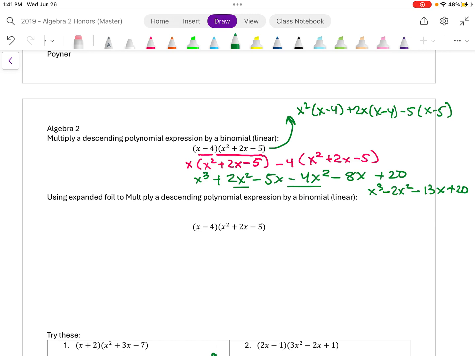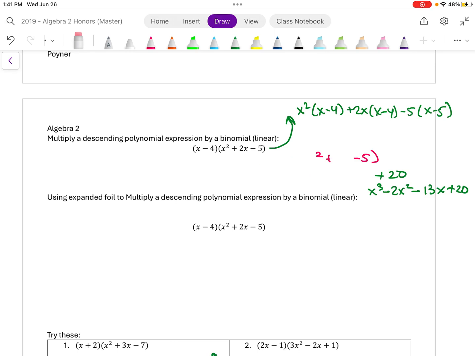That's one option. Another option that some people do is they say, okay, I know I have to multiply the trinomial by the first term in the binomial, so they're going to just do that in their head and write x cubed, and then plus 2x squared minus 5x. So I'm multiplying every term in the trinomial by x.